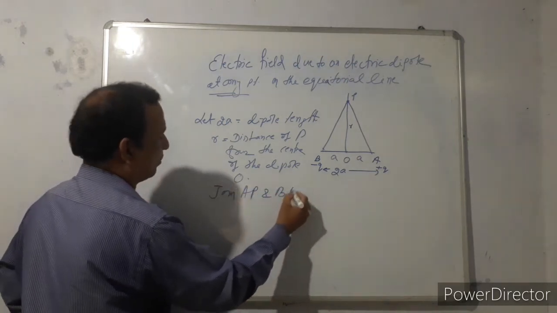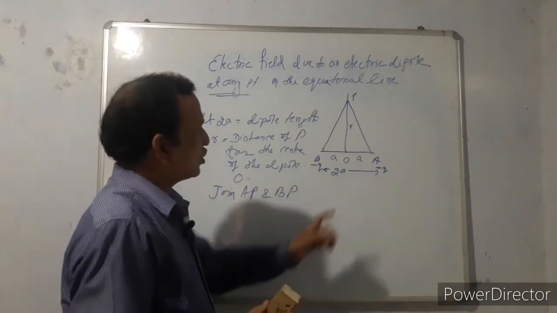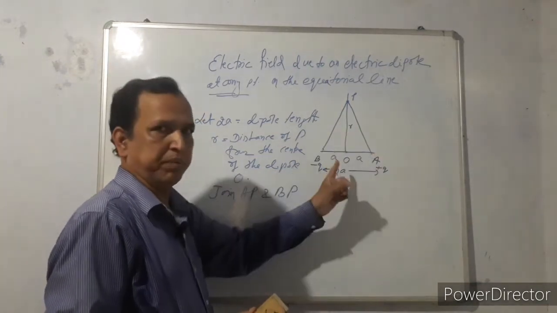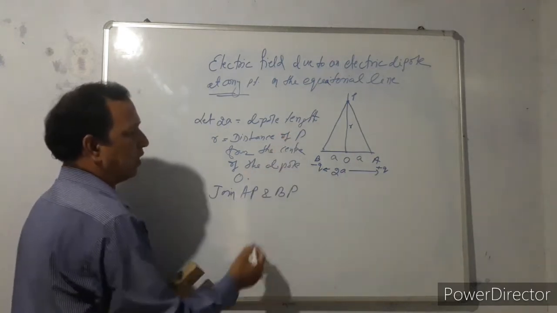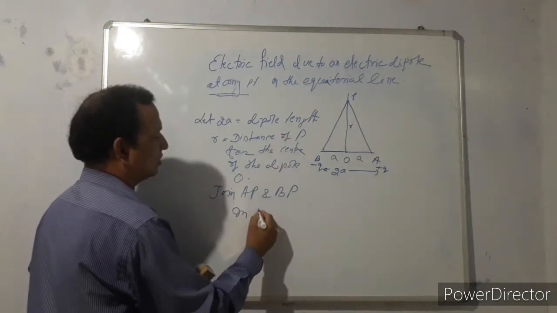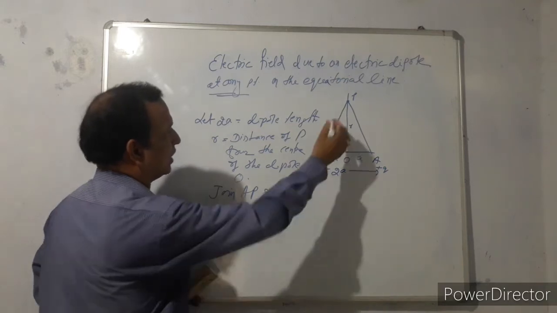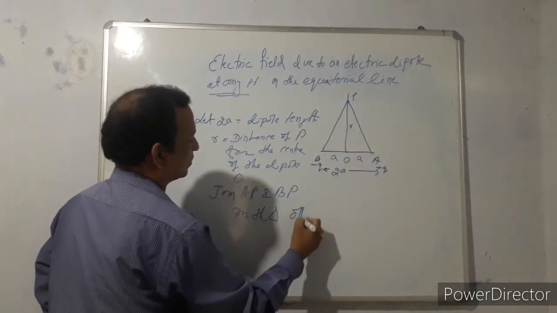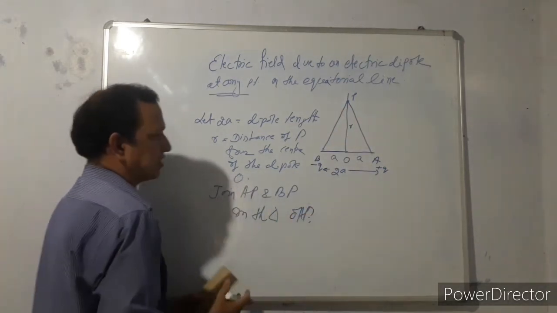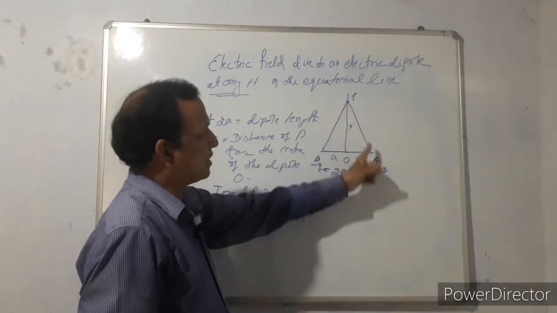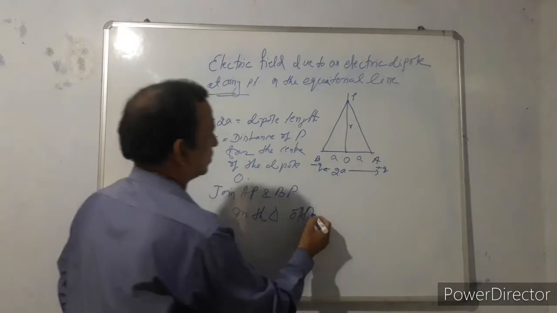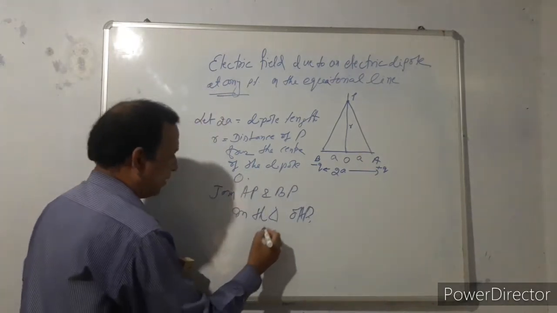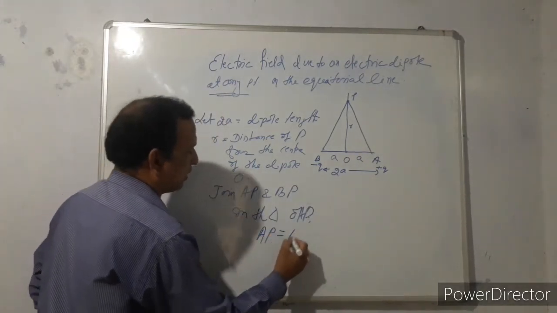and BP. So what are AP and BP? These two are equal. In the right triangle OAP, AP square is equal to OA square plus OP square. So AP is equal to BP.